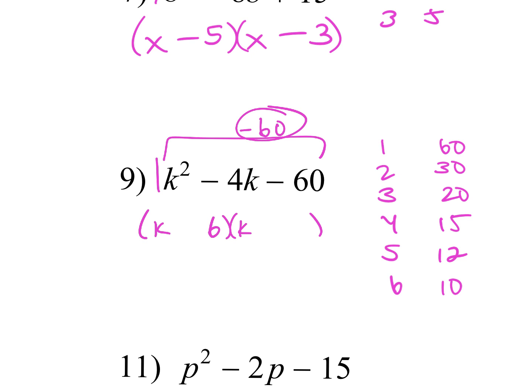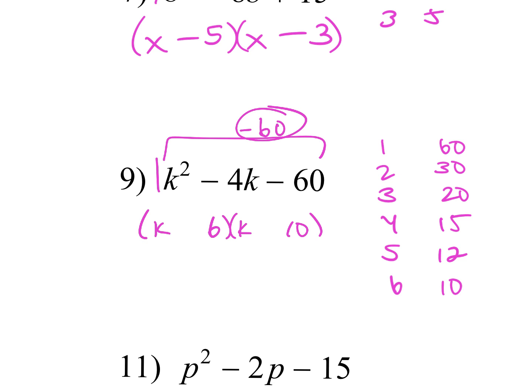Okay, 6 and 10. Now this is where a lot of us get confused. Where do I know the sign? Well, think about it. You need a negative 60 when you multiply. That means one has to be positive, one has to be negative. But you need a 4 when you add them. So would it be 6 minus 10 or 10 minus 6?